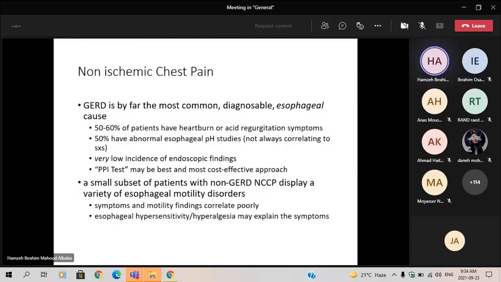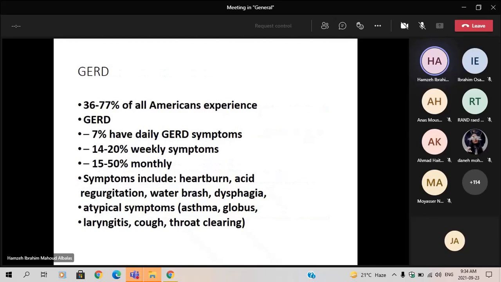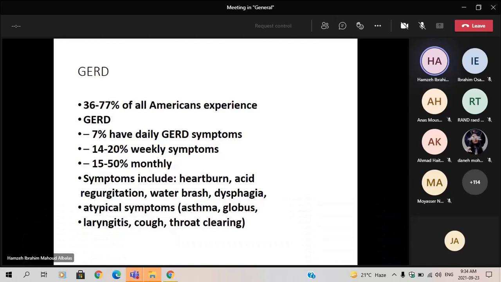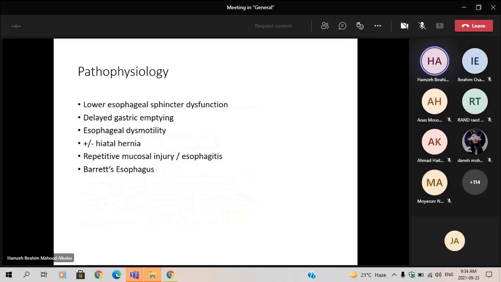Gastroesophageal reflux disease is 36 to 57% in American experience. 50% have daily GERD symptoms, 14 to 20% have weekly symptoms, and 15 to 50% have monthly symptoms. Symptoms include heartburn, acid regurgitation, water brash, dysphagia, and atypical symptoms: asthma, laryngitis, cough, bronchitis.